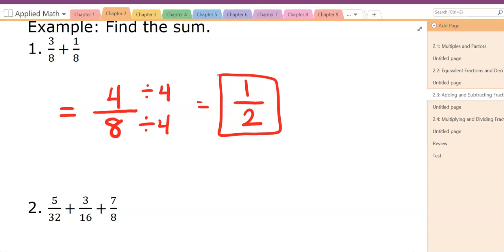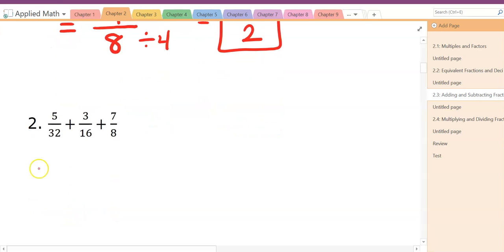Now, in the second one, they are not like fractions, but we should be able to get them to be like fractions. So I would look at the three numbers. You have 32, 16, and 8. Can 16 and 8 both get to 32 somehow? Yes, so I wouldn't do anything to the first fraction. So let's leave 5 over 32 alone.